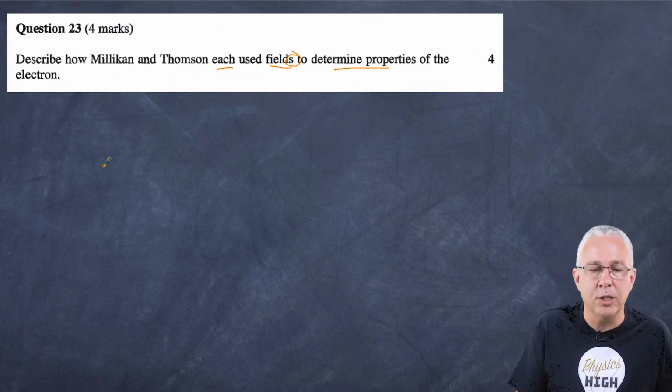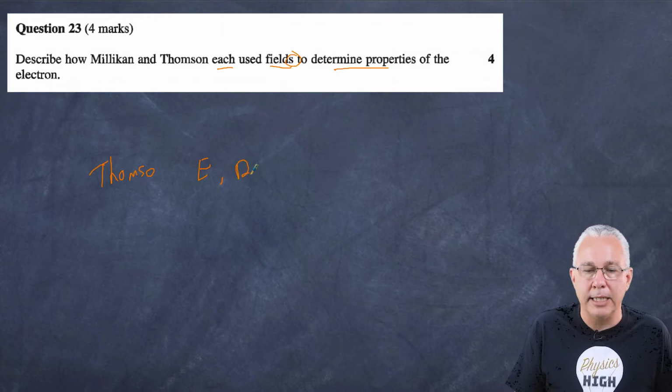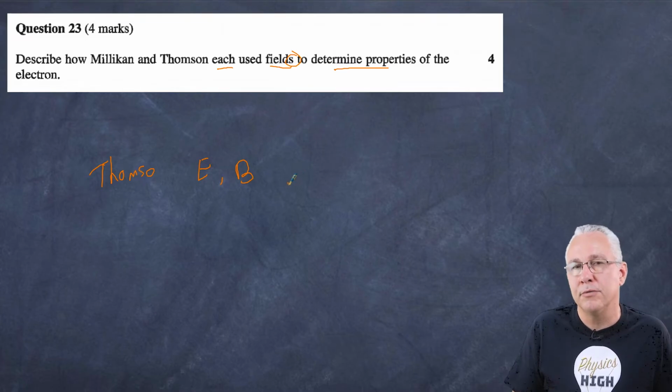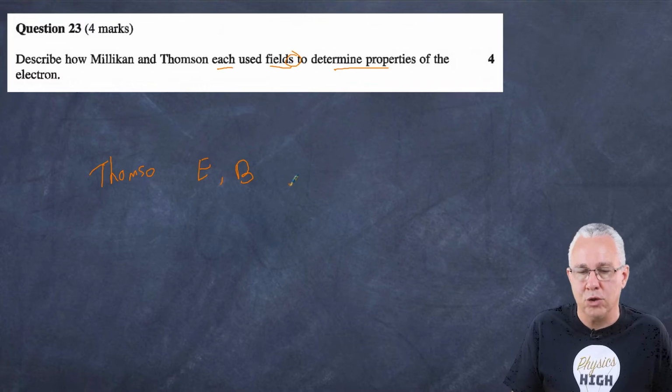But in essence, if we looked at Thomson, first of all, he used electric fields and he used magnetic fields. Now, in order to determine the velocity of the electron, he caused those fields to apply equal but opposite direction forces through the cathode ray tube. He thereby determined the velocity.